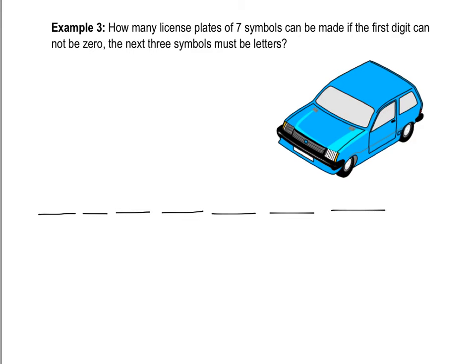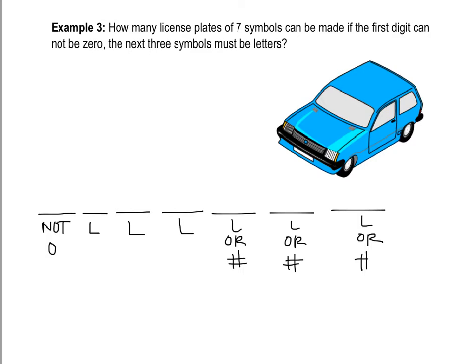So it says the first digit cannot be 0, so I like to make a little note underneath that, not 0. And the next 3 symbols must be letters. So this is a letter, letter, letter. Then after that, there's no restriction, so this could just be a letter or it could be a number. We don't know. Either one. All of those are possibilities.